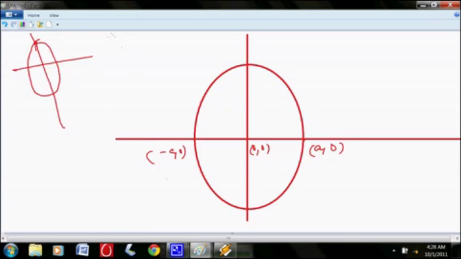This is vertical. Horizontal one is like this. Now you can make out, even though this figure looks somewhat like a circle, this is bigger than this, so this is smaller. So this is the minor axis.